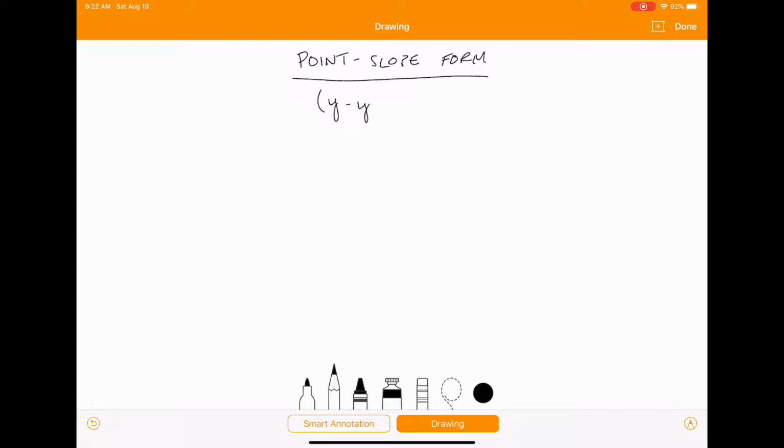That's going to be y minus y1 equals m times the quantity x minus x1, where of course we know m equals our slope, and this function is going to pass through the point x1, y1.